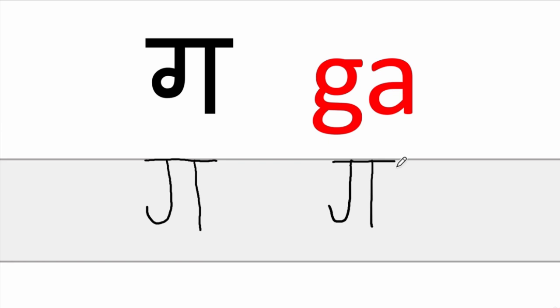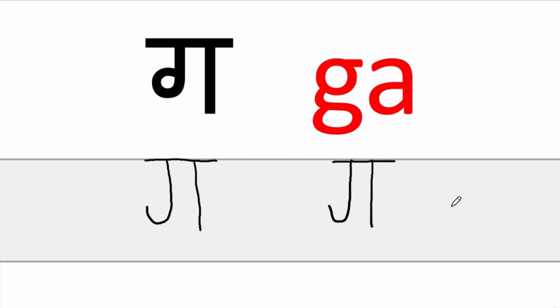So this is how we write ga. As you can see here, again I have written differently than the printing font because I feel it is easier this way. So you can follow either one, the printing font or the free form.